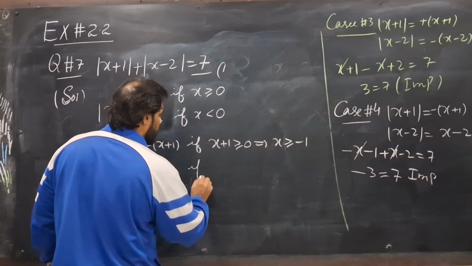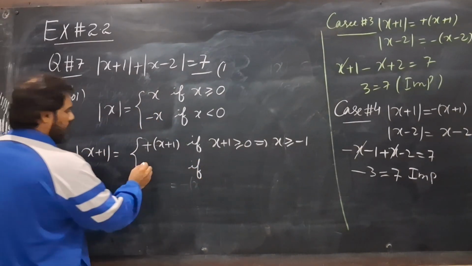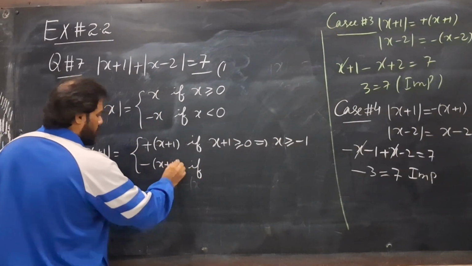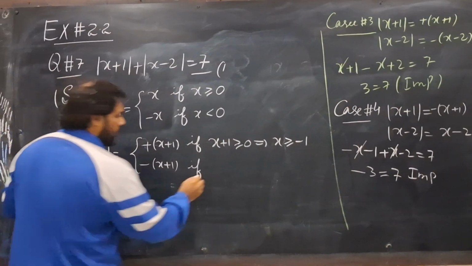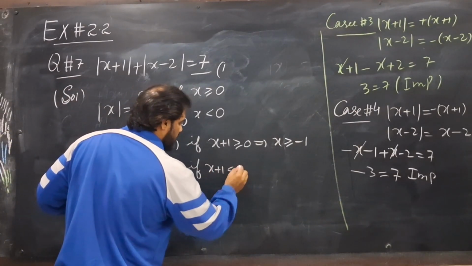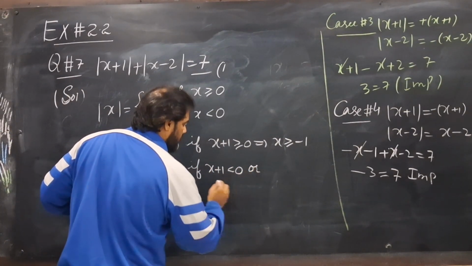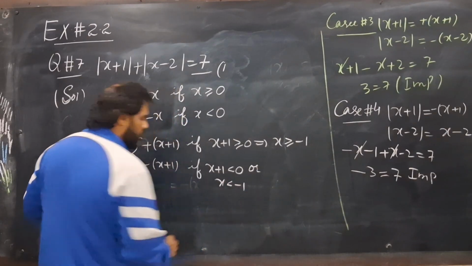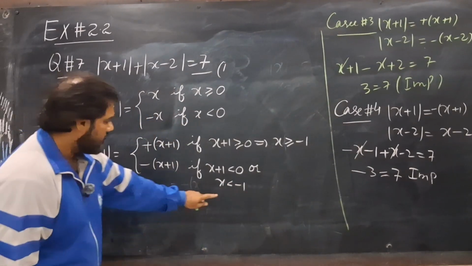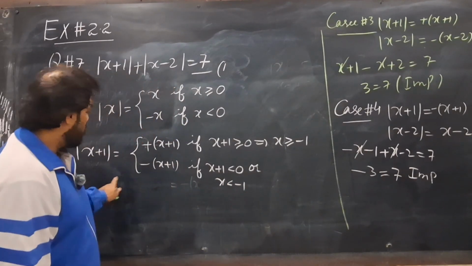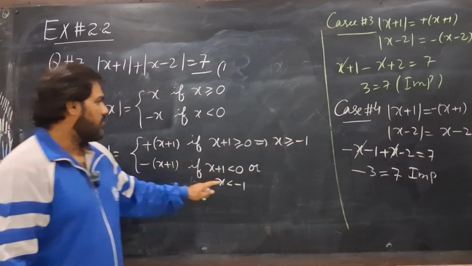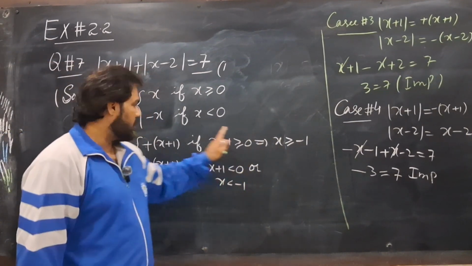And the absolute value of this number is negative if the number inside the absolute value, that is x plus 1, is less than 0, or you can say x is less than minus 1. So when x is less than minus 1, its absolute value is negative x plus 1. And when x is greater than or equal to minus 1, its absolute value is positive.